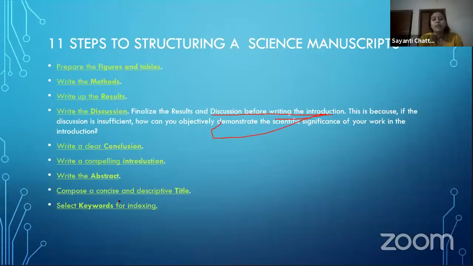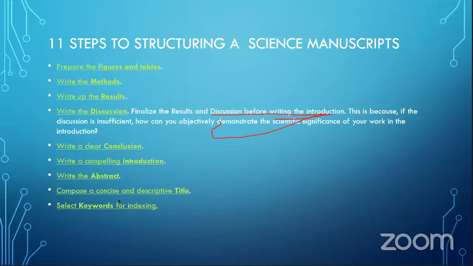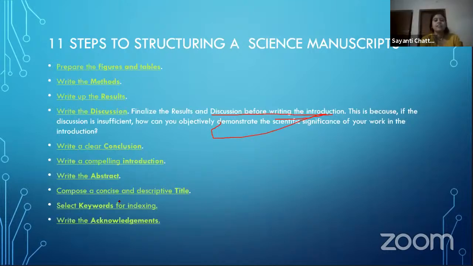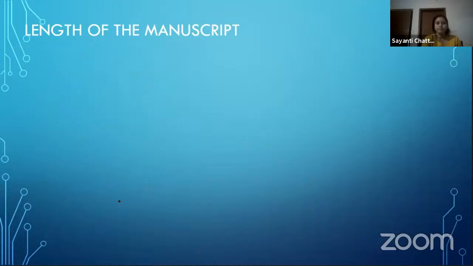Choose the keywords wisely so that you can get more citation. And if any acknowledgement is there, if you are a project fellow or you are doing this in any special lab, you should give the acknowledgement. And last of all, write up the reference.